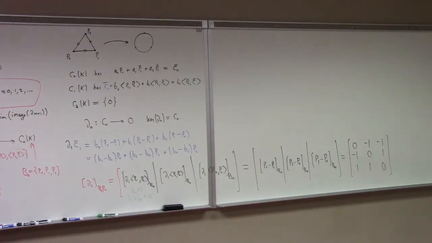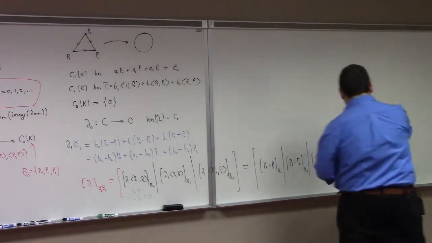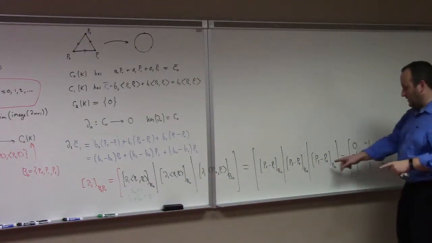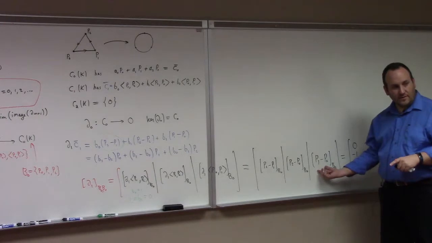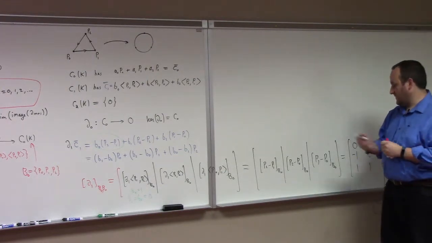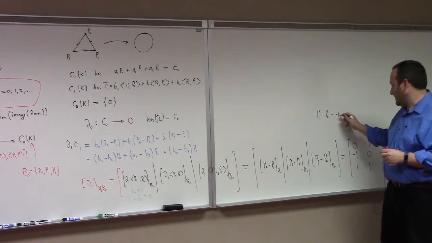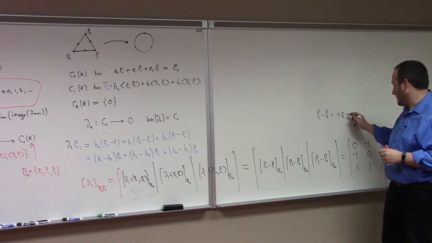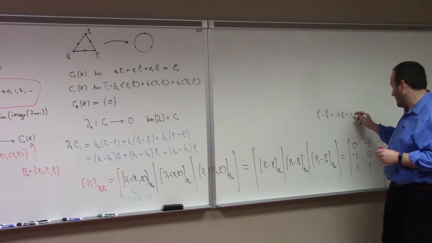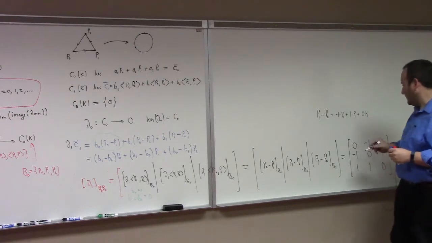What was the second to last matrix? This one? These are the coordinate vectors in the B0 basis for these 0 chains. So for example, P1 minus P0 is equal to minus 1 times P0 plus 1 times P1 plus 0 times P2.